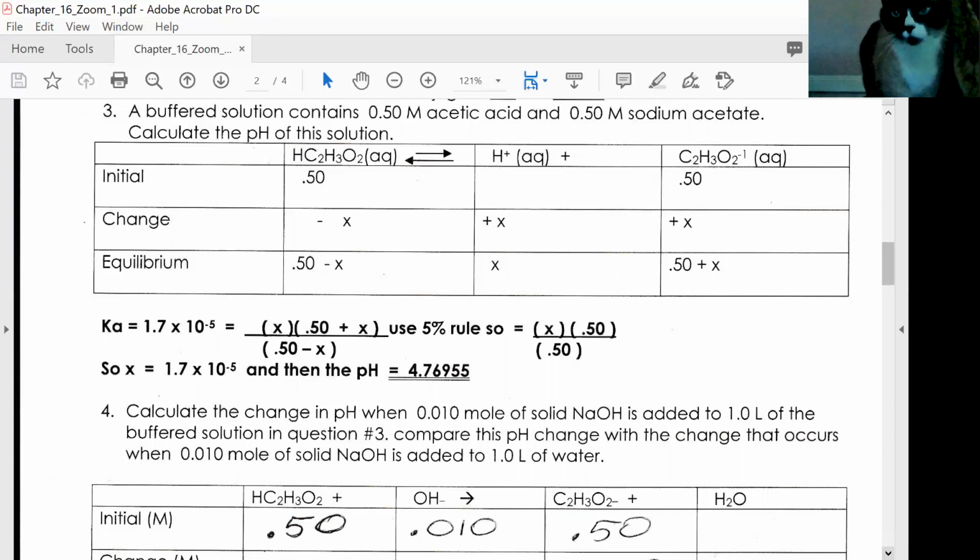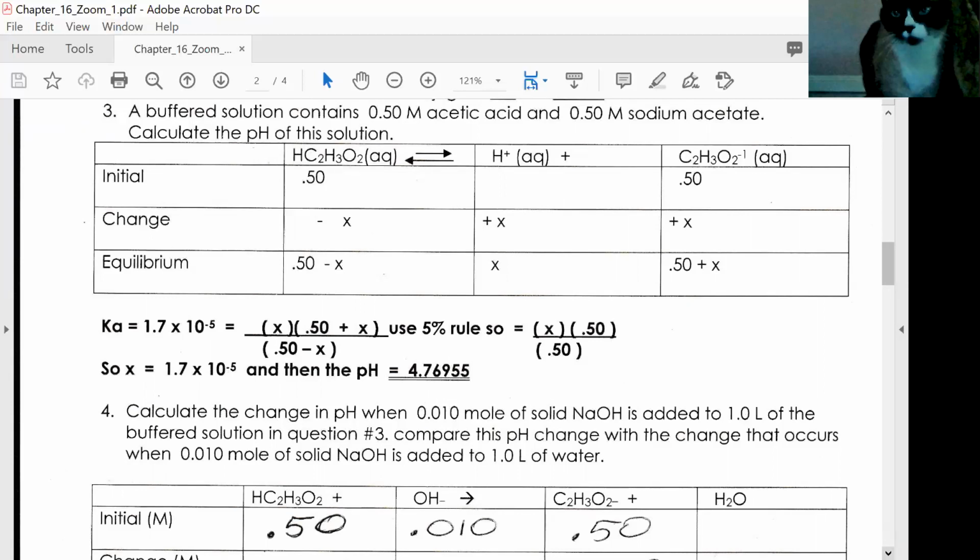We're going to use the 5% rule to simplify. So we get x times 0.50 over 0.50. Of course, 0.50 and 0.50 cancel, so our x is 1.7 times 10 to the minus 5.